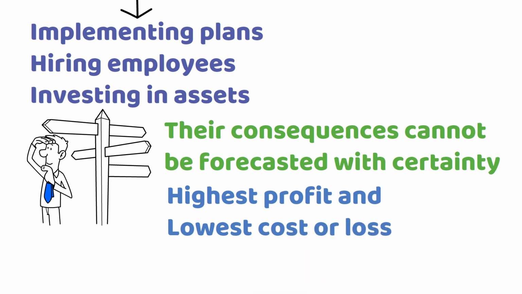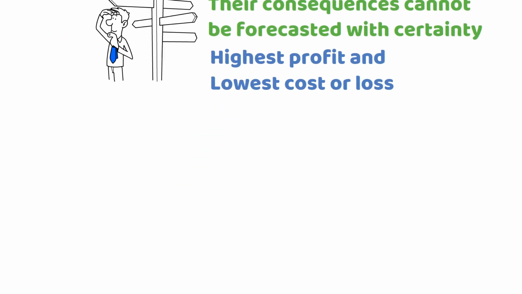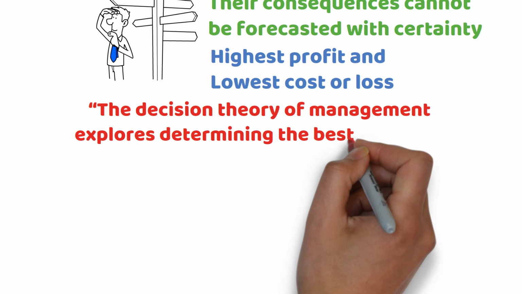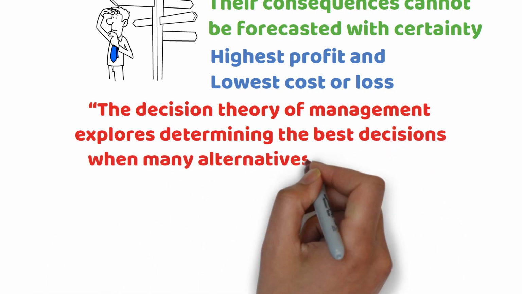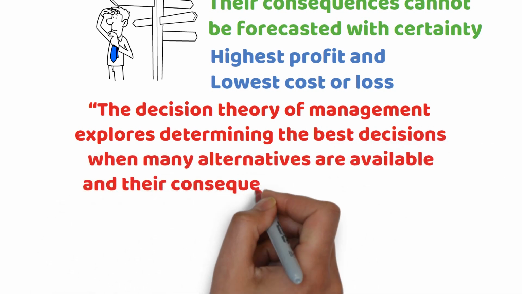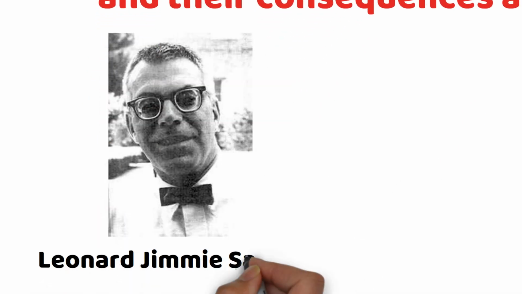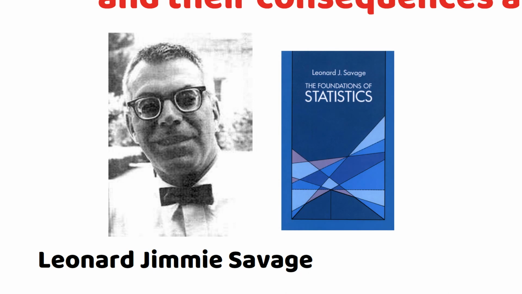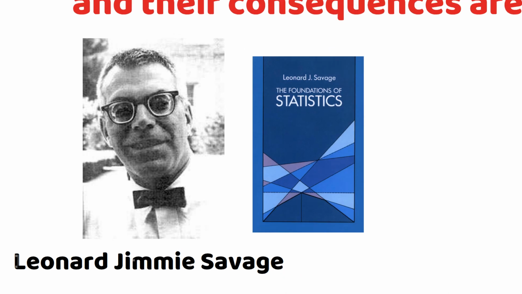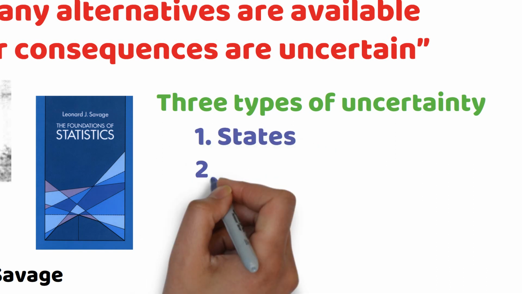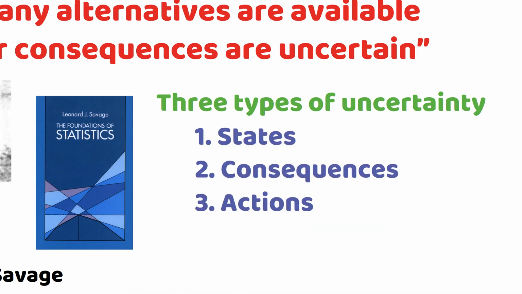So, formally saying, the decision theory of management explores determining the best decisions when many alternatives are available and their consequences are uncertain. According to Leonard Jimmy Savage, who is the author of the book, The Foundations of Statistics, there are 3 types of uncertainty: states, consequences, and actions.